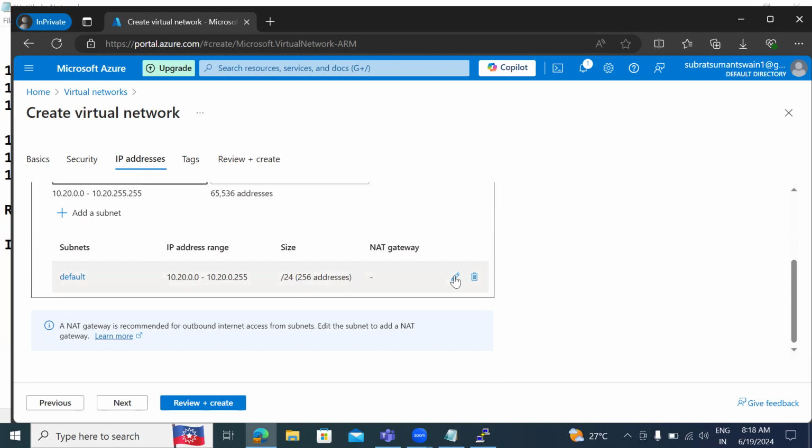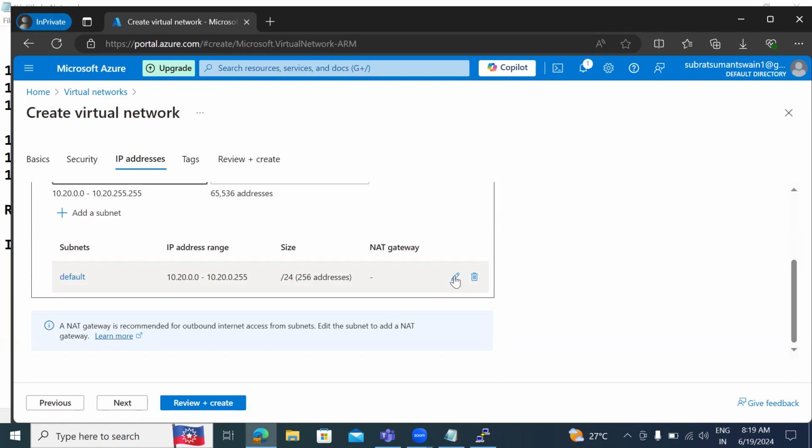Say we got a client requirement: there may be a chance of keeping more VMs in that subnet, not only today but in the future. Then what do we need to do here? That /24 is not enough.